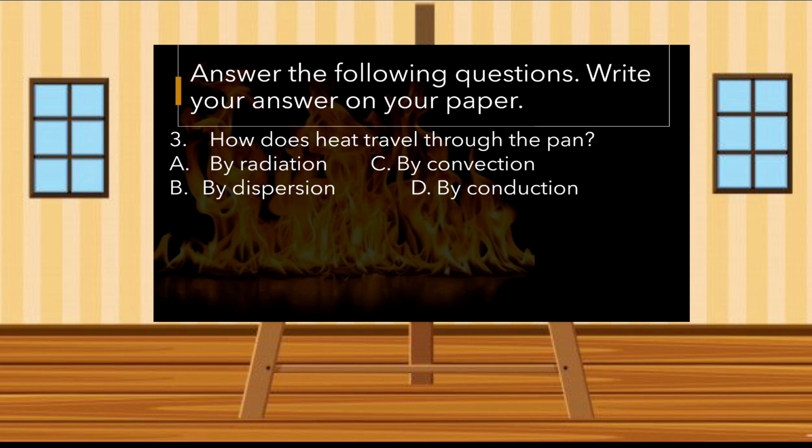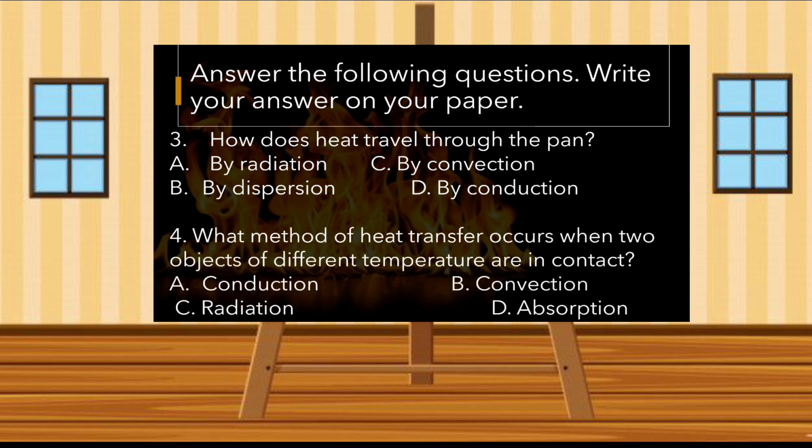B. By dispersion. C. By convection. And D. By conduction. Next, number 4. What method of heat transfer occurs when two objects of different temperature are in contact? A. Conduction. B. Convection. C. Radiation. And D. Absorption.